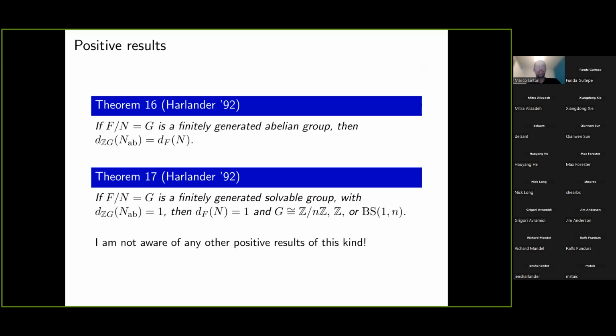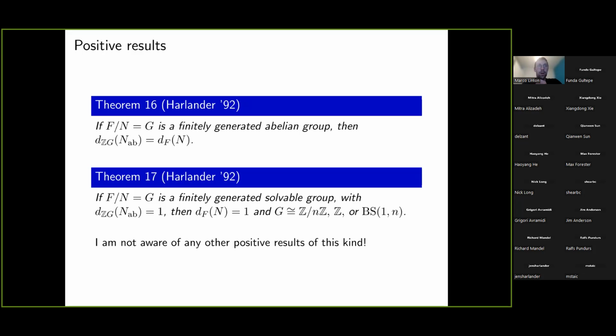One is essentially saying that if you have an abelian group, then you never have a relation gap. For whatever presentation you have, the relation module generators give you normal generators of your group. And the second result is about groups with cyclic relation module.